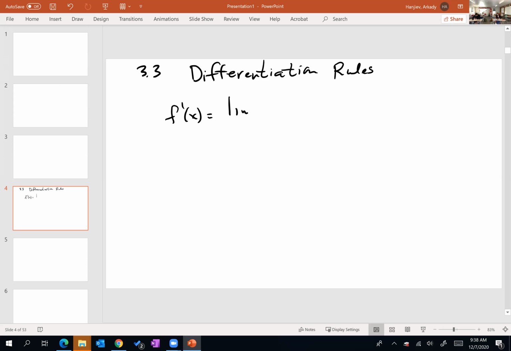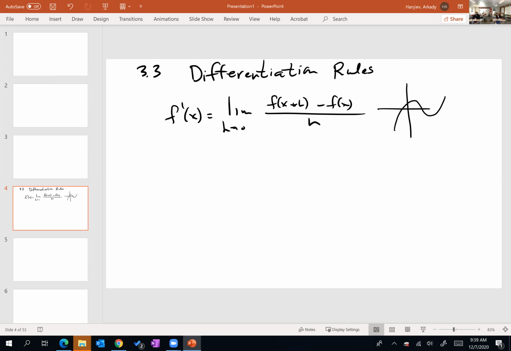It's the limit as h goes to 0 of f of x plus h minus f of x over h. And how important is it? It's pretty important. It allows us to have the slope of a line, let's say it goes through here and hits this curve at exactly one spot like that, touches it, keeps on going.